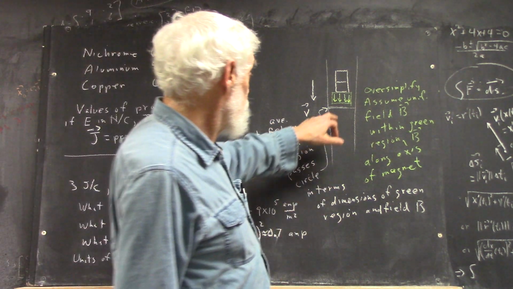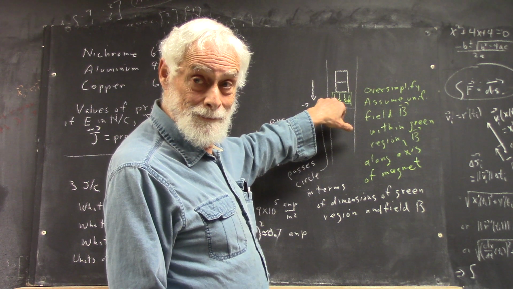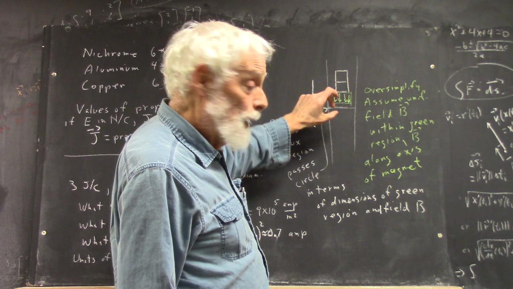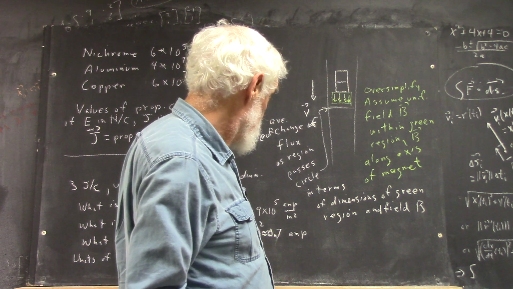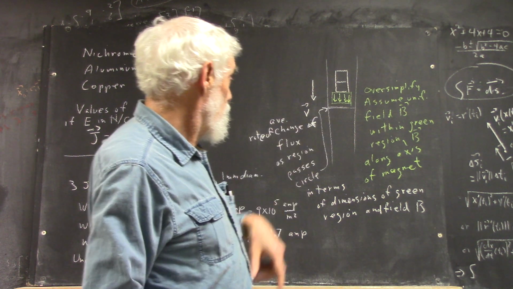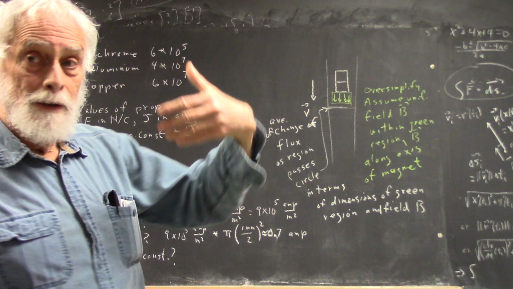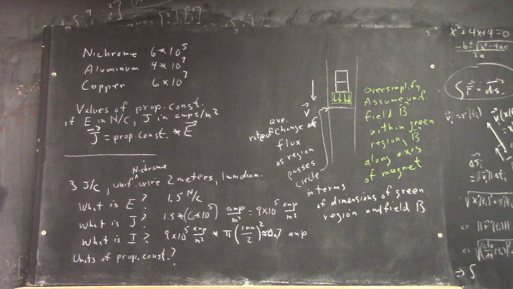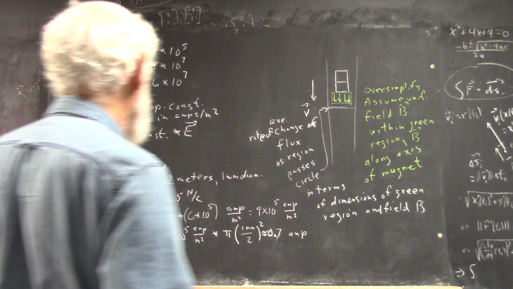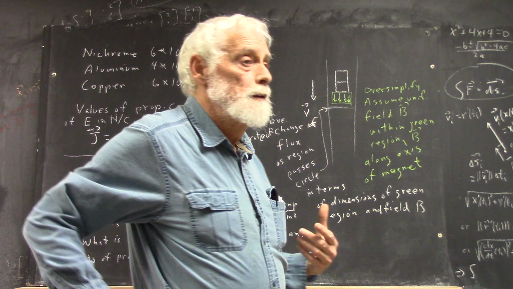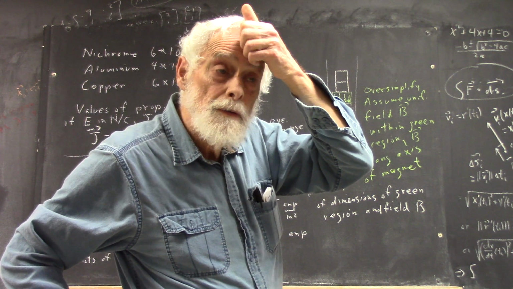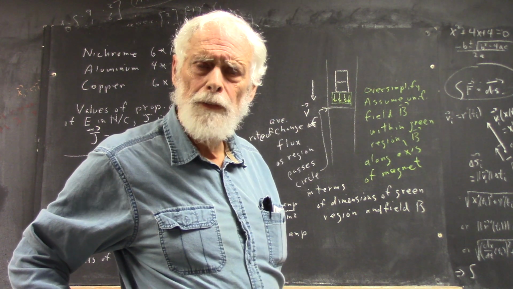How much does the flux change as this thing passes? The average rate of change of flux as this region passes the circle. That should give you the average EMF. Have I talked about EMF?